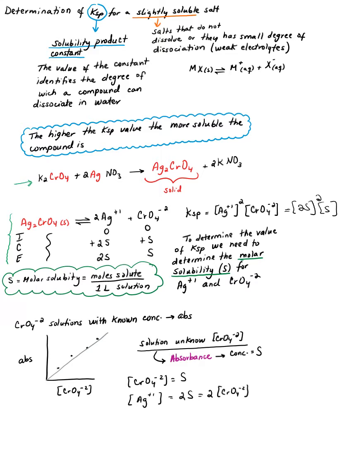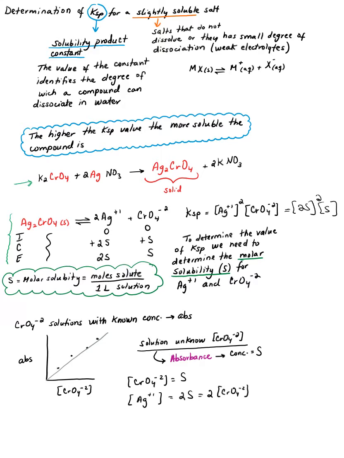Solving this first bracket where you have the concentration of silver squared, that will be 2 squared, which is 4S squared, times S. When you do 4S squared times S, that will give you 4S cubed.